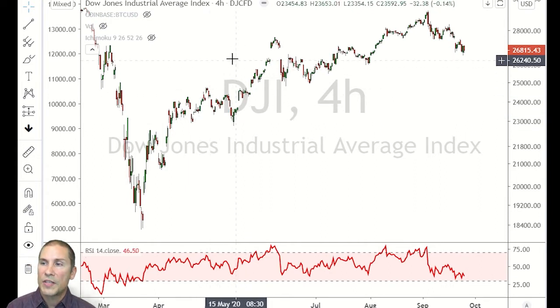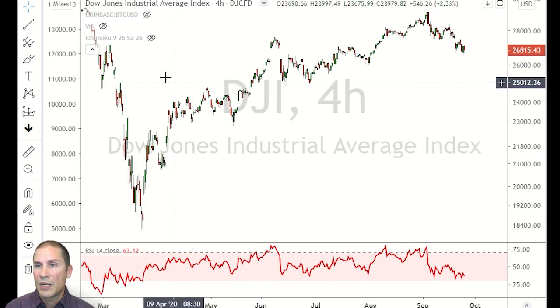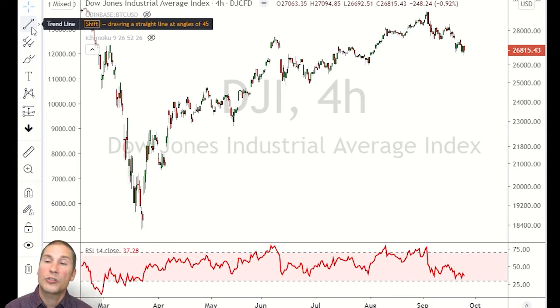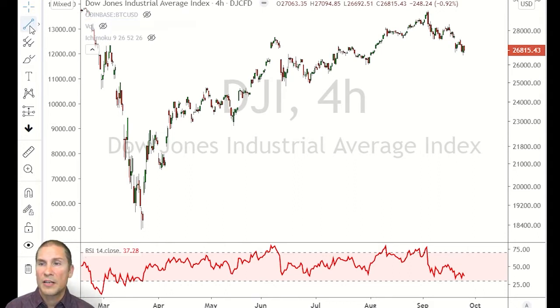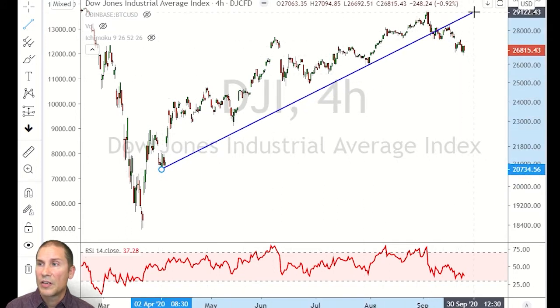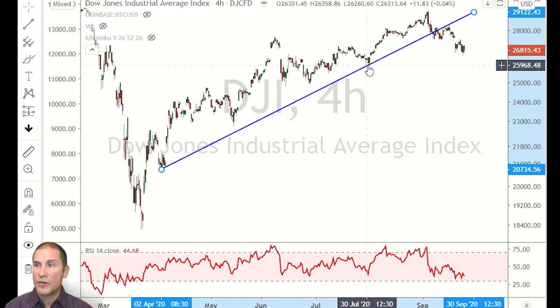So taking a look here at the Dow Jones Industrial Average, we're going to pull up the trend line tool, which here in this TradingView software is going to be this straight line that is in a diagonal. So we click on it to activate it, and I'm going to connect the lows of the market from the low we saw in April, and I'm actually connecting it to this low that we've seen here.